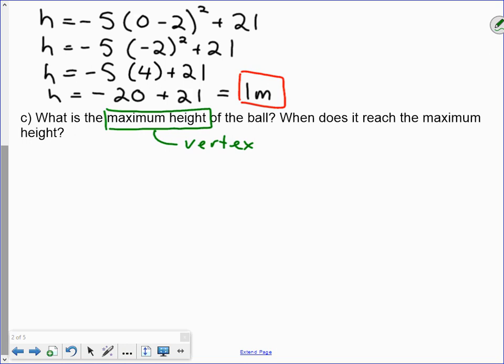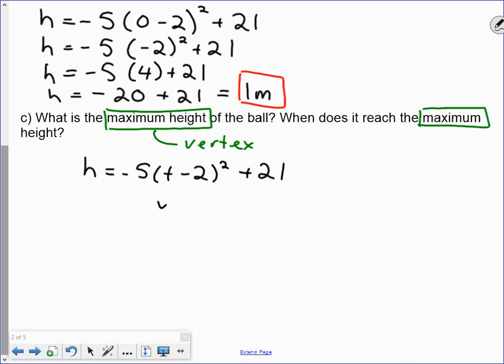Okay, and both parts of this question have this word maximum inside there. So both of these are going to reference the vertex. So let's find the vertex of our parabola. Let's just write down the equation here, -5(t minus 2) squared plus 21. Well, this parabola is already in vertex form. So we can get the vertex right away.